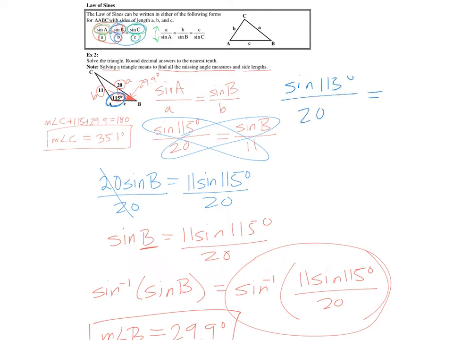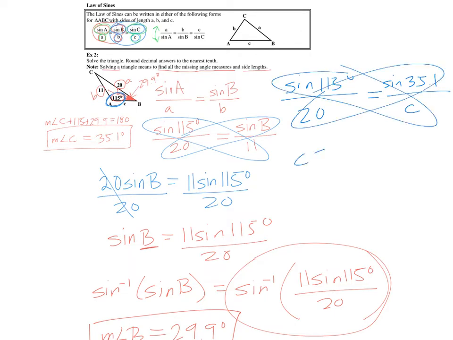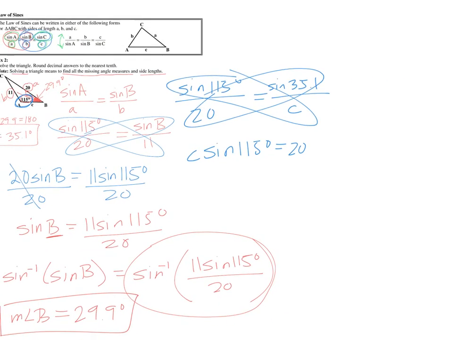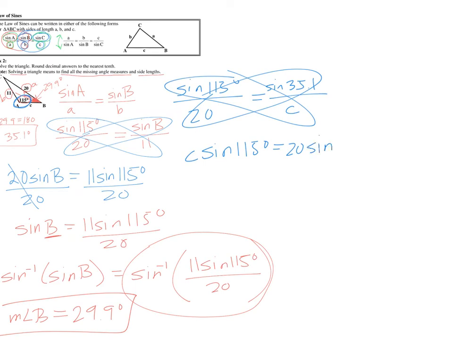And now I have angle C, so I'm going to have sine of 35.1 over length C. Cross multiply now, and I have C sine of 115 is equal to 20 sine of 35.1. And I divide by sine of 115.